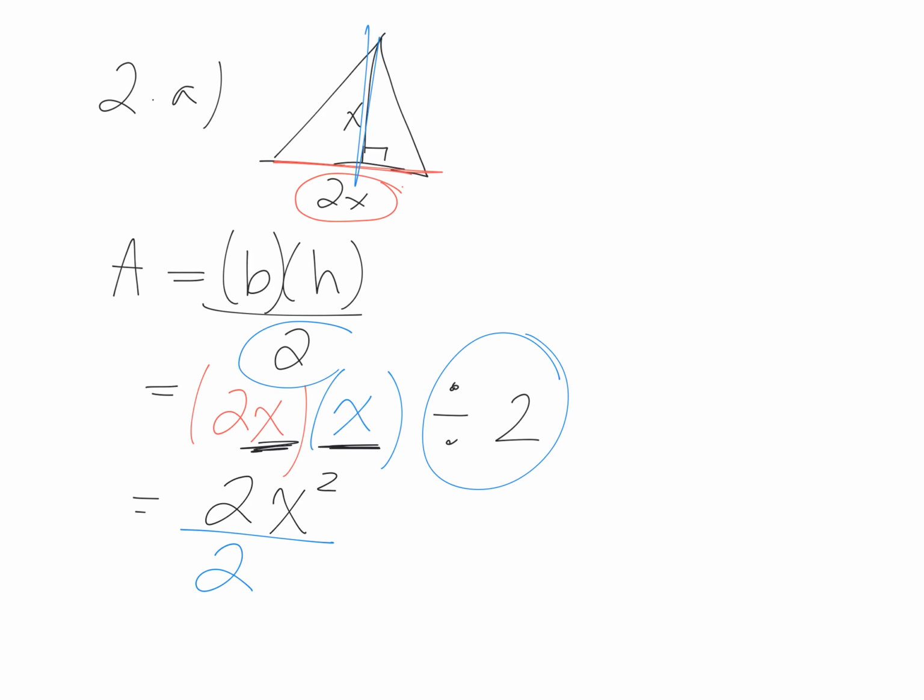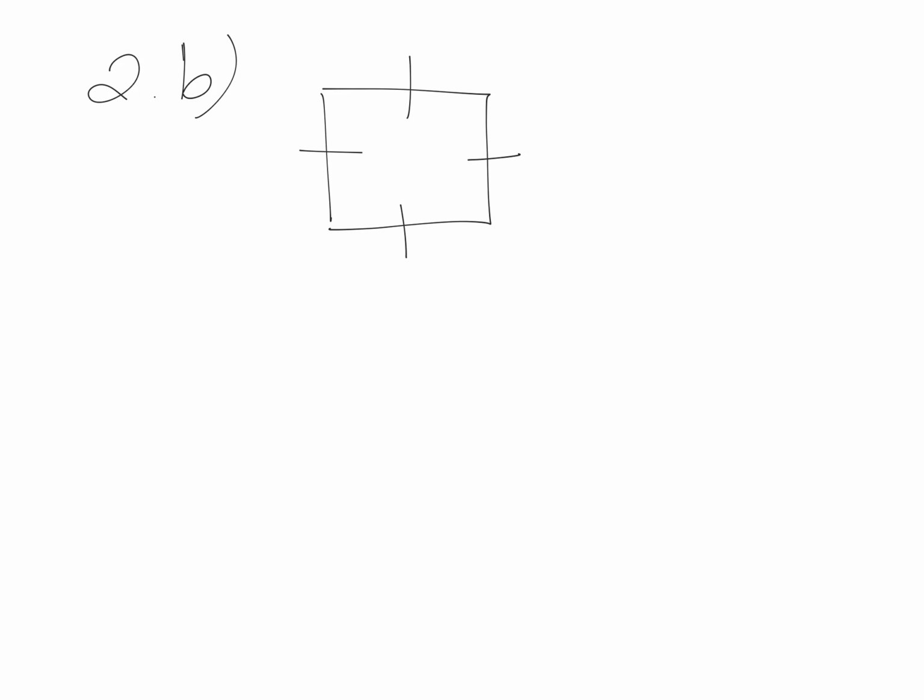The formula for area of a triangle is base times height divided by 2. What happens to this 2 divided by 2? It cancels out, reduces to 1. 2 divided by 2 is 1. So we're just left with x squared. That's the answer.